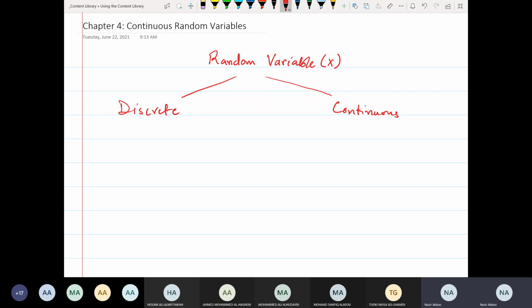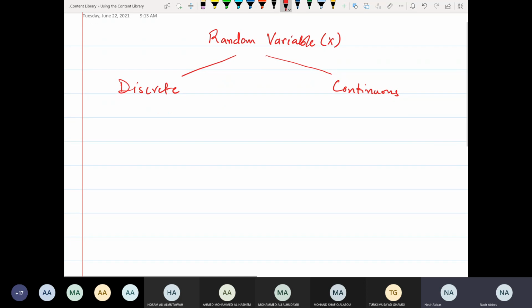Chapter 3 was all about discrete random variables, and what we did in discrete random variable, we said that X is called a discrete random variable where the domain of X is like a plus 1, a plus 2, all the way up to b.